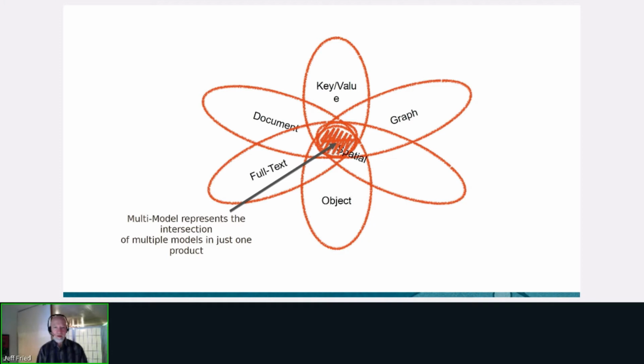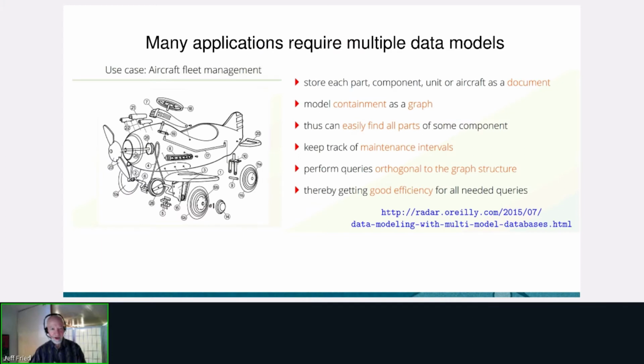There's roughly 370 databases on the market. About half of them are open source, and there's just a huge flowering of innovation, but it also creates a lot of confusion, and many developers pick their favorite pieces and then glue those pieces together.